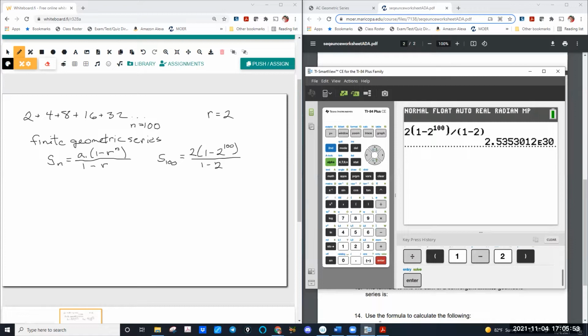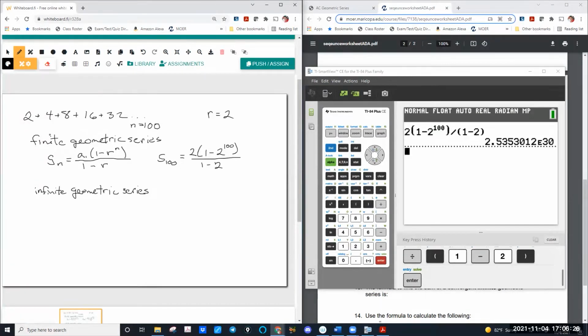The other thing that you encountered in 8.2 was infinite geometric series. Okay, now, this is a really cool thing that happens with infinite geometric series, but there is a condition that must be met. For example, if we think about our series up here, if I keep adding terms infinitely, my sum is going to be infinite because I just keep adding larger and larger numbers.